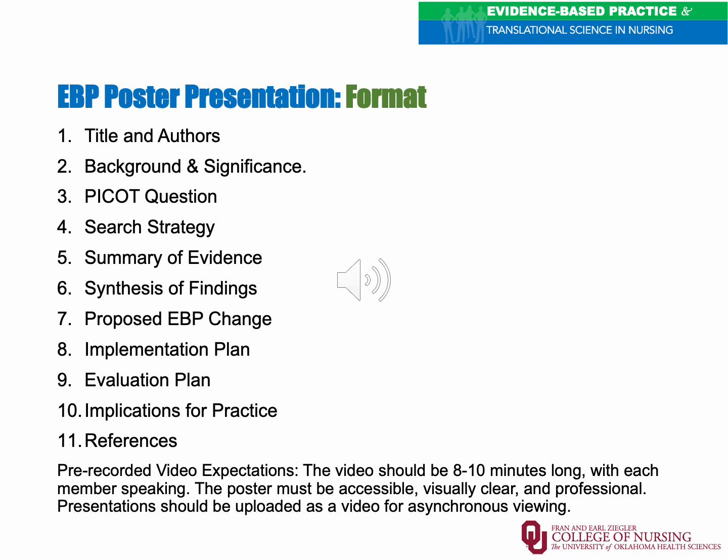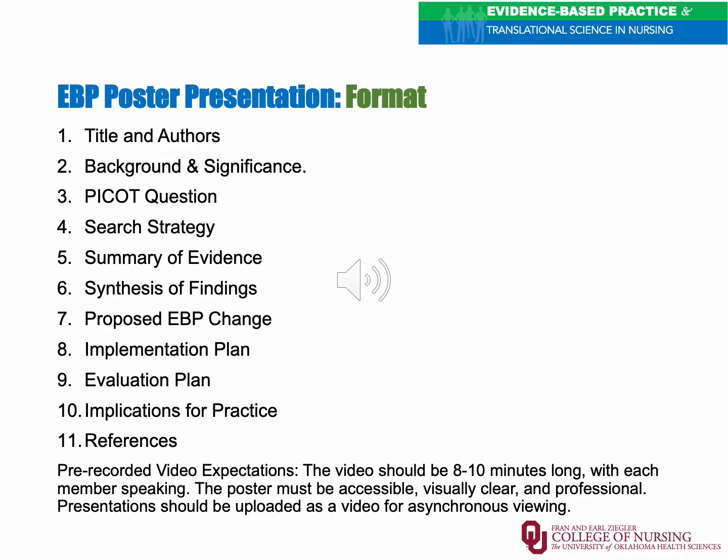Now let's talk about the EBP poster format. I know that some of you already have experience presenting a poster in a research conference. Nonetheless, in this particular course, these are the suggested contents of your poster. Title, authors, the background and significance, which means your poster should briefly and clearly present the background, significance, and relevance of your work.